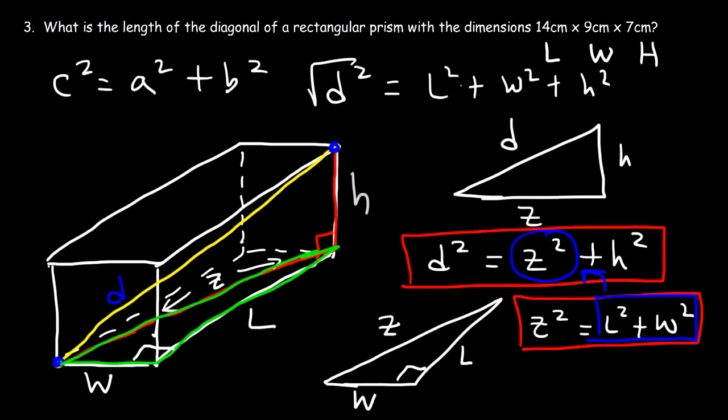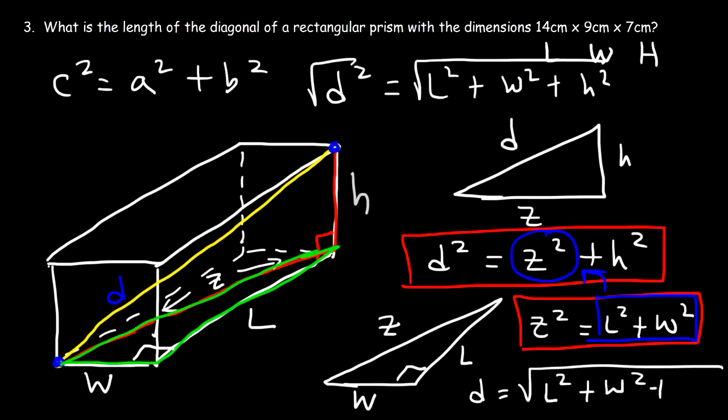And now let's take the square root of both sides. So here's the final equation. D is equal to the square root of L squared plus W squared plus H squared. So if you have the length, the width, and the height, you can find the diagonal length using that equation, which comes from the Pythagorean theorem.